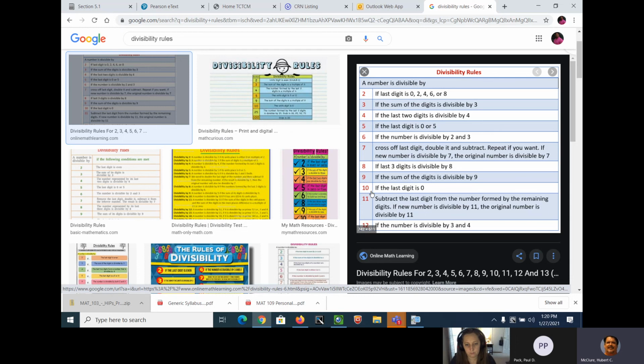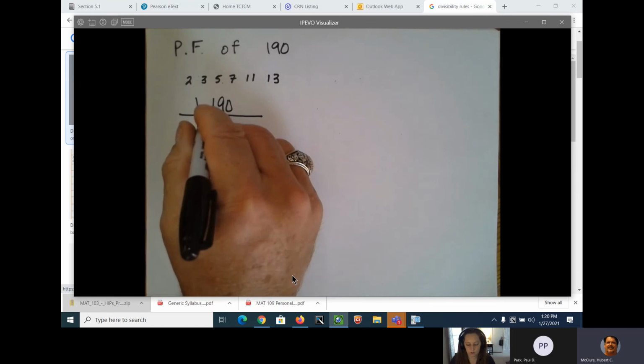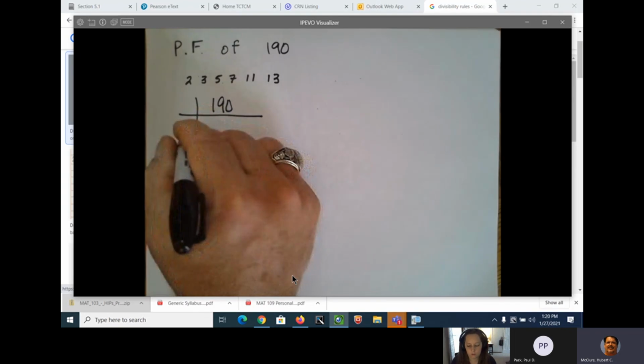But you could do 19 times 10 and put the 10 over here. I'm not gonna split hairs. 90% are gonna pick 2 because it ends in 0. So 2 will go into 19 9 times, because 9 times 2 is 18. That'd be 95. And that'd leave 10, that'd be 5.